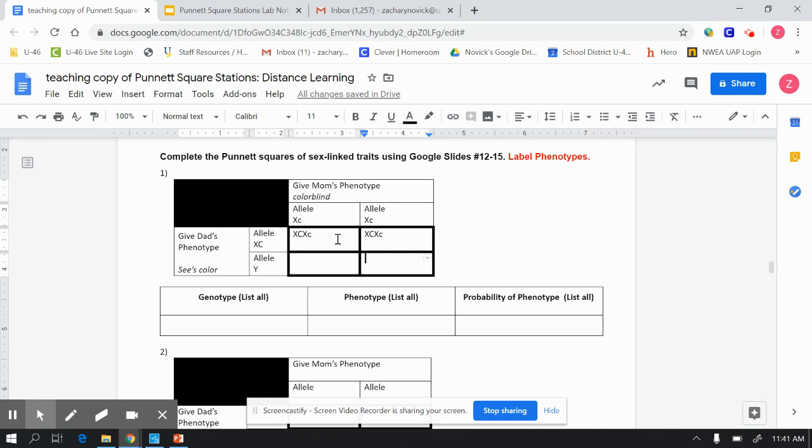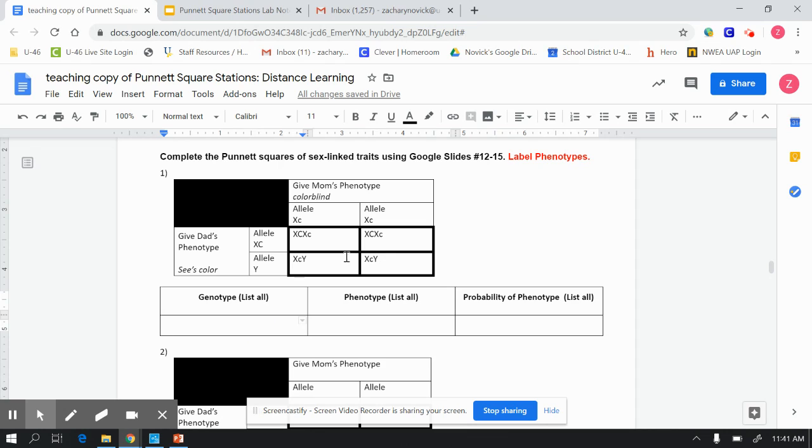Now we have X lowercase c, Y. And now we have X lowercase c, Y. Okay, so now the question is what are the sexes and who, if any of these offspring, are colorblind?